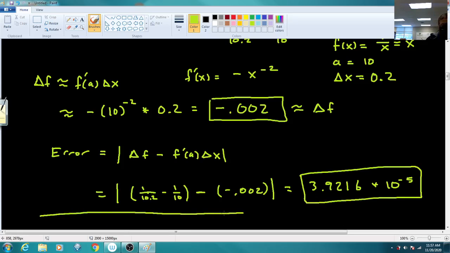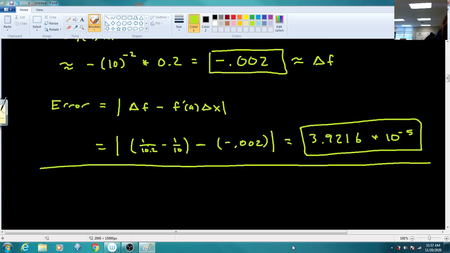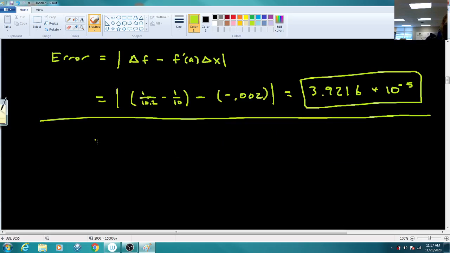Okay, so the next bit of stuff we're going to learn, there's some notation that we can use. Instead of using delta f is approximately f prime of a times delta x, we can rewrite the equation using what are called differentials.